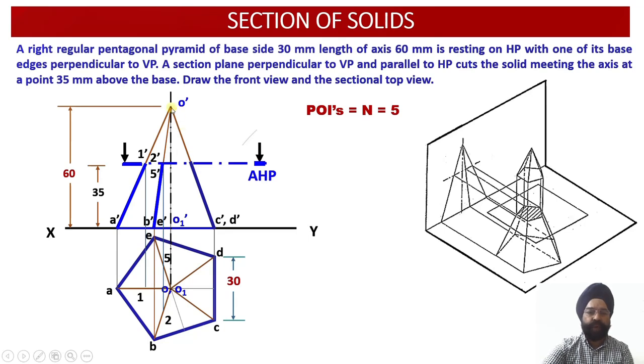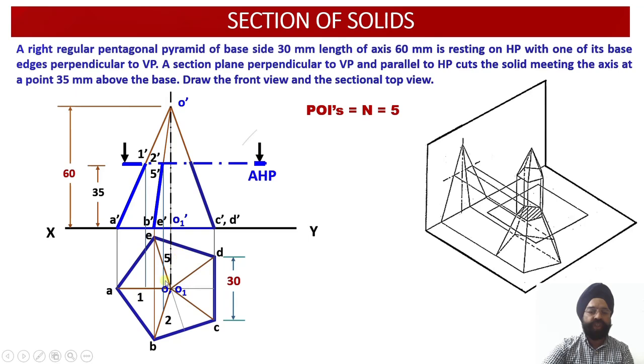Just see, point 2 dash was lying on the front view of the slant edge O dash B dash. Now this point 2 dash will be projected downwards till it intersects the vertical projection for the slant edge OB. Wherever this intersection is obtained, point 2 will be obtained.